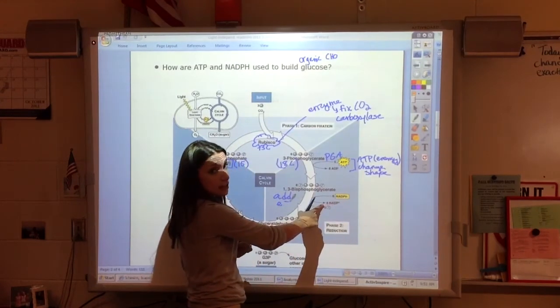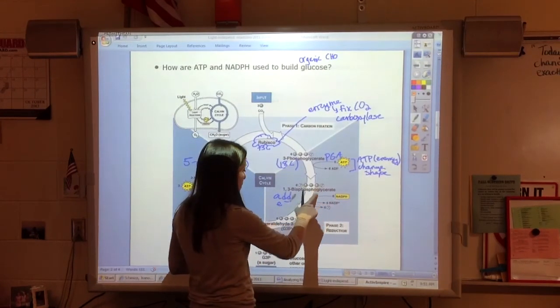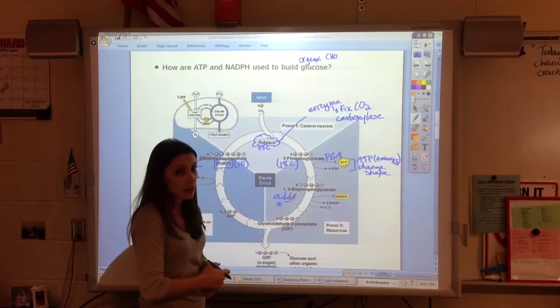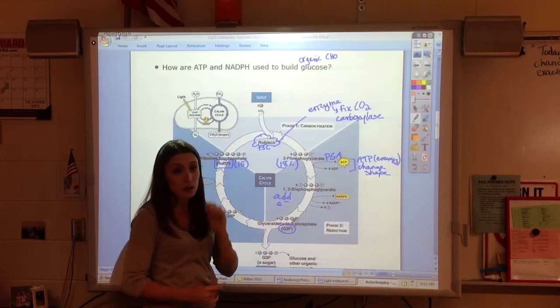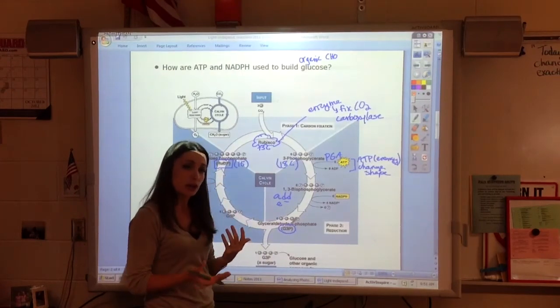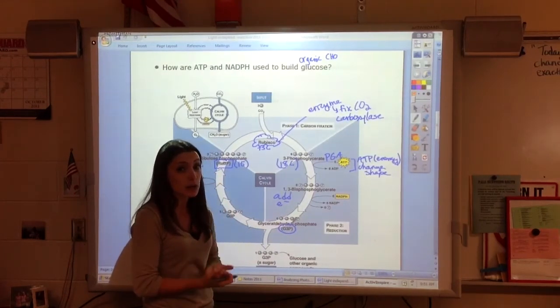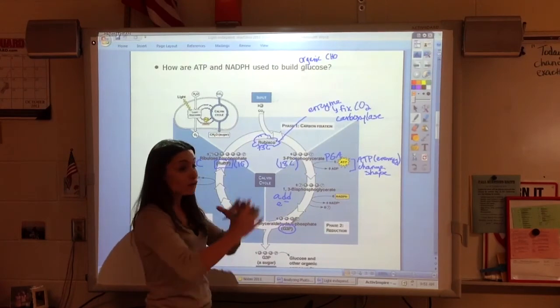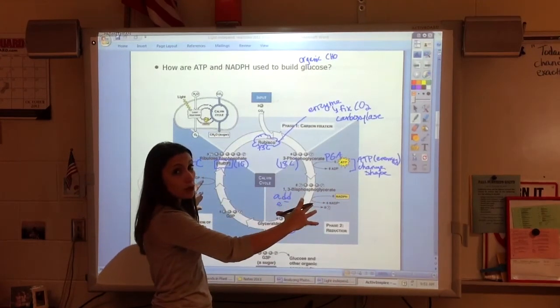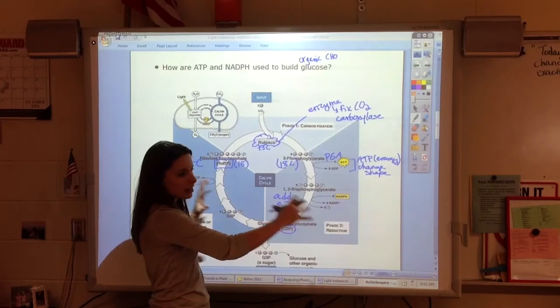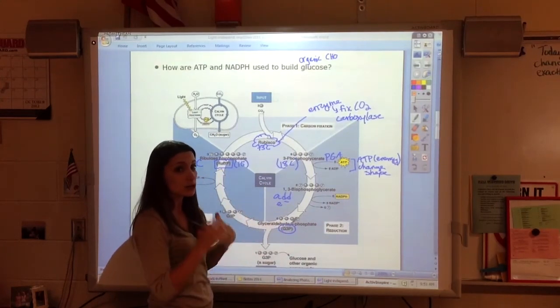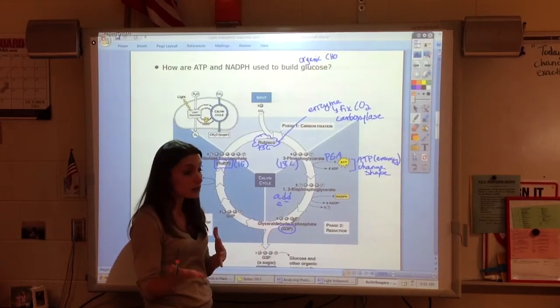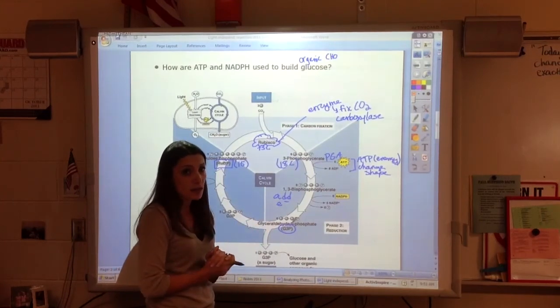So we're taking electrons away from our carrier and putting them into our organic compound, and that's what helps us form G3P. G3P actually sounds familiar because it was one of our intermediates during glycolysis. Immediately when we broke the sugar, we formed G3P, and then later ended up with pyruvate. So we see this connection between G3P in glycolysis and G3P in the Calvin cycle.